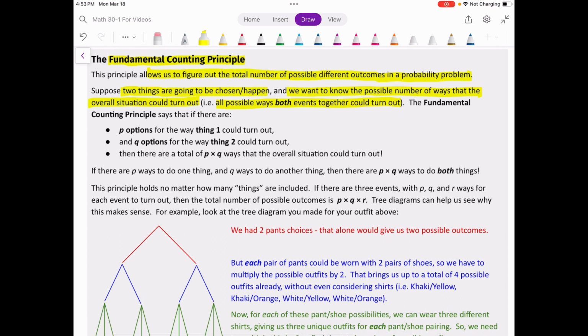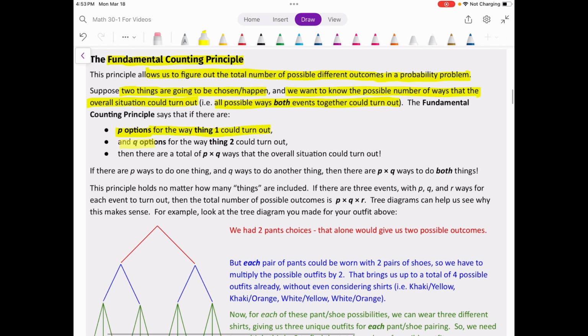And all the fundamental counting principle tells us is actually pretty straightforward. It says that if there are P options for the way thing 1 could turn out, and Q options for the way thing 2 could turn out, then there are a total of P times Q ways that the overall situation could turn out, right?